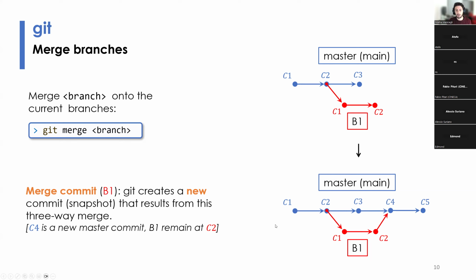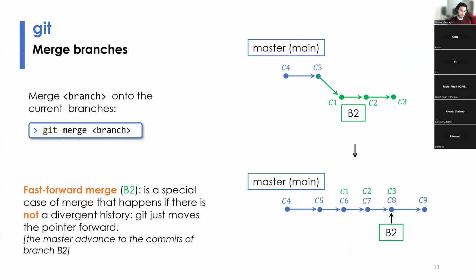And in this way, we'll create a sort of divergent history. This sort of extra branches in your commit history, okay? Another very nice way of merging branches is using the fast-forward merge. It's a special case of merge that happens if there is not a divergent history. If your branches are in this kind of configuration, the history of the green branch coincides with the history of the main branch.